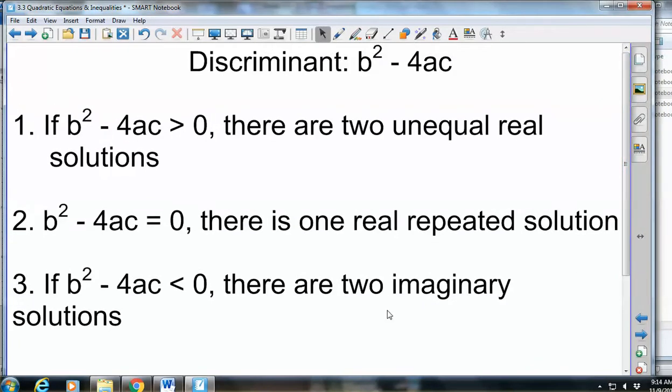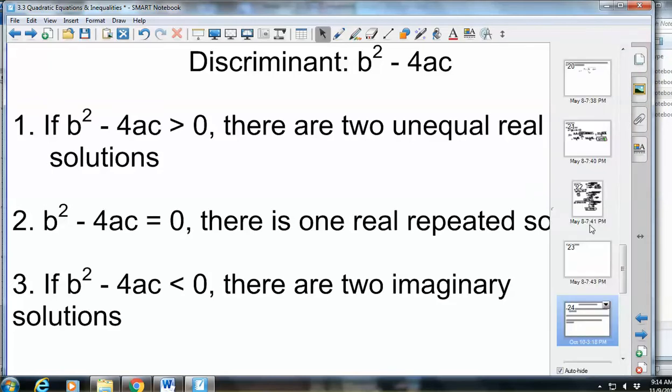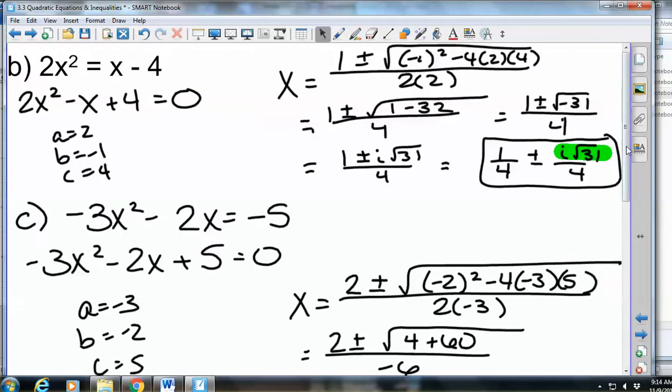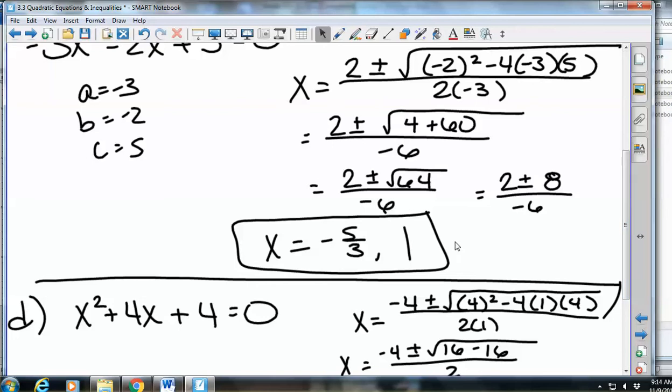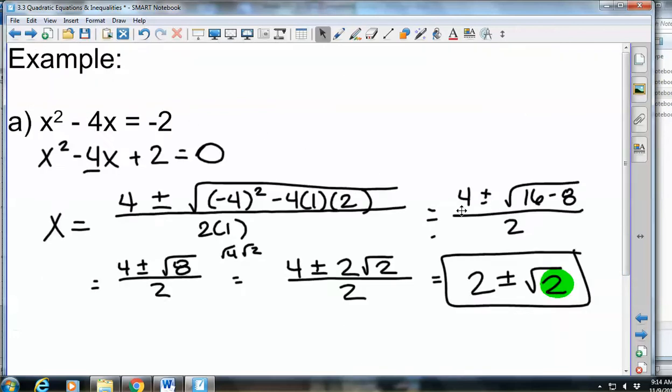We may also talk about rational versus irrational solutions. So if you do this discriminant and you get a positive answer, that means you're going to have the square root of a positive number, so we get our real solutions. Rational solutions are just the nice, pretty ones, the fractions. So rational would be like this one right here. Irrational is when you still have radicals in it, so like this one here. What made it rational or irrational?